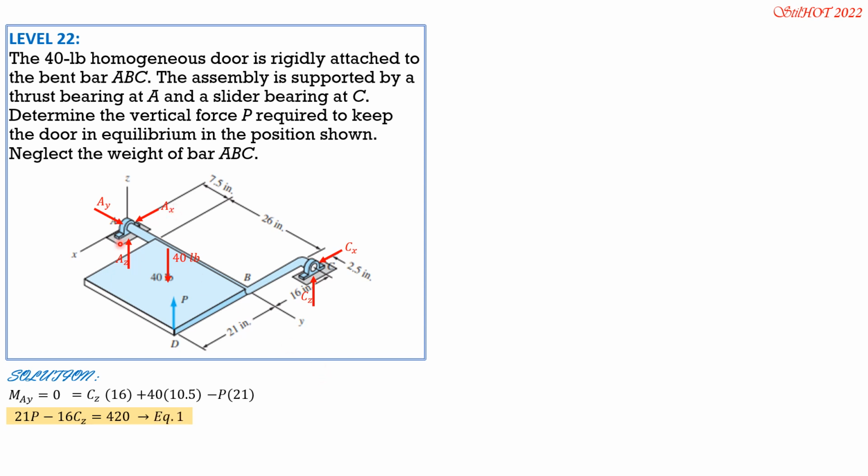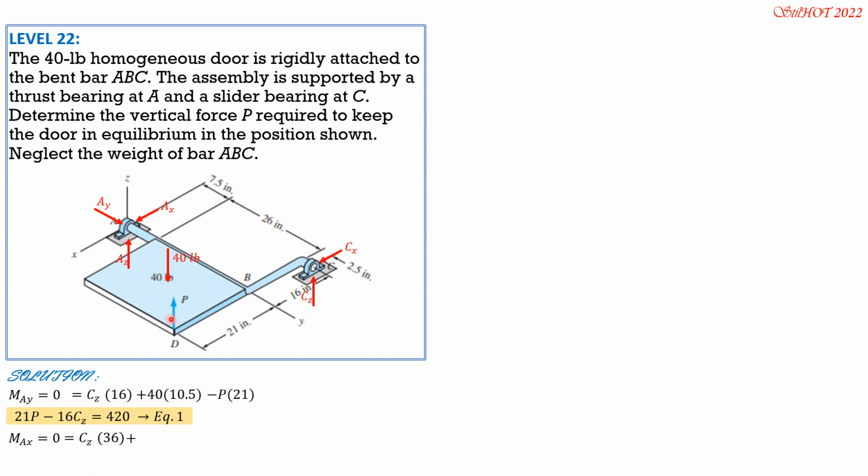Then moment about AX is 0. By right thumb rule again, we have P times 26 plus 7.5 is 33.5, CZ times 33.5 plus 2.5 is 36.